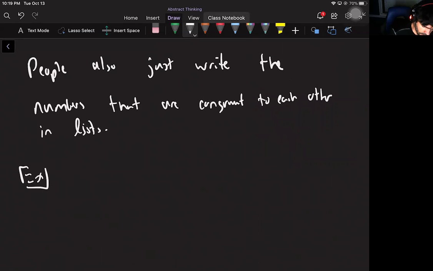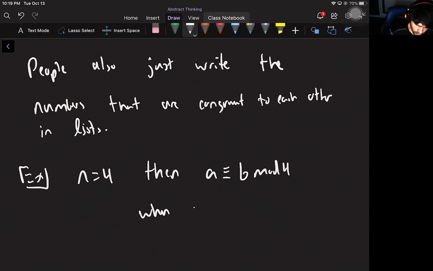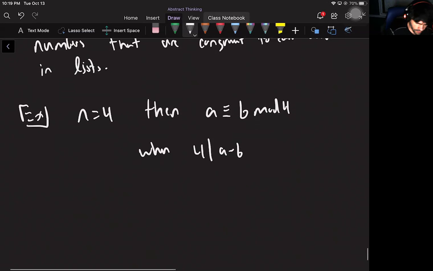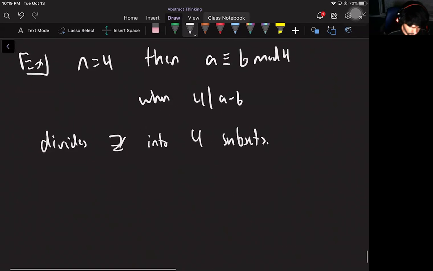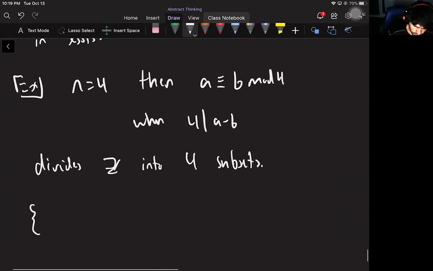Instead, they might just do something like this. So for n equals 4, then what you're saying is that 2 numbers are congruent when 4 divides their difference. What this does is this divides the integers into 4 subsets. And those subsets just come from listing all the numbers that are related to each other, mod 4, that are congruent to each other, mod 4.